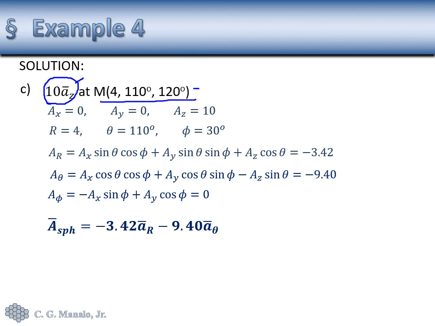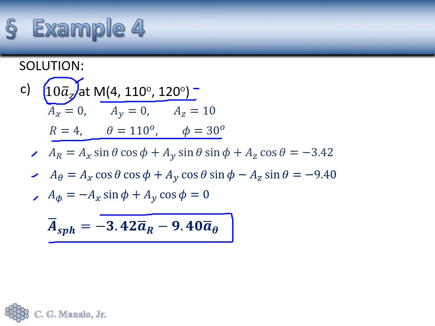So the point is given in spherical coordinate system, so therefore we could immediately get the coordinates. And because of that, we could immediately compute for the components, and that should give us this answer. So this is the vector in spherical coordinates of this vector at this point.